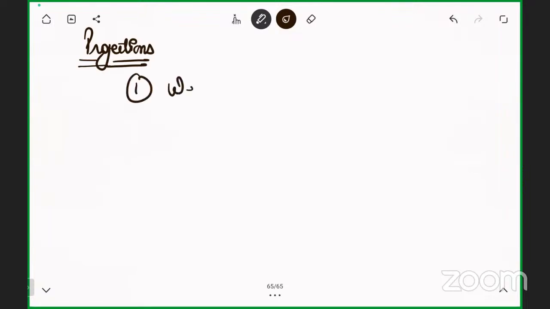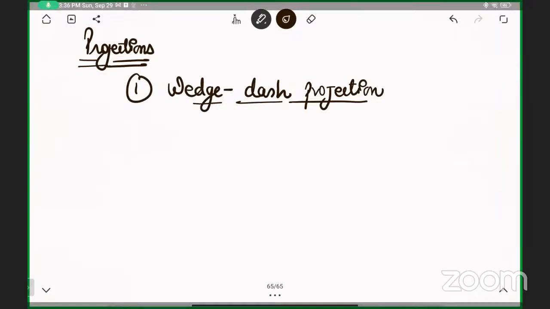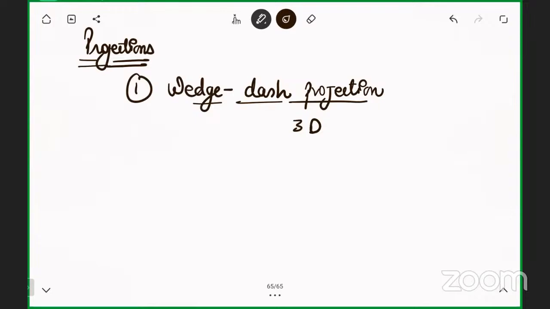First, we will take wedge and dash projection. Wedge and dash is a three-dimensional structure in 3D shown in 2D. We are showing in 2D, but we are showing a 3D structure.